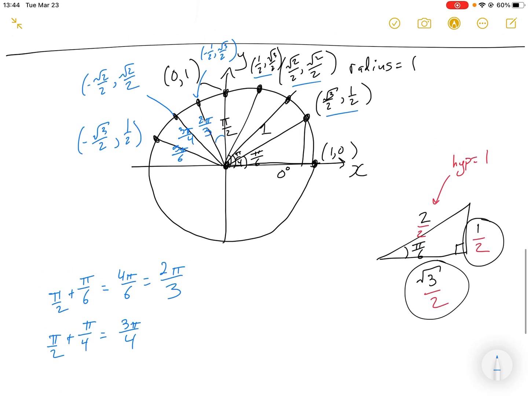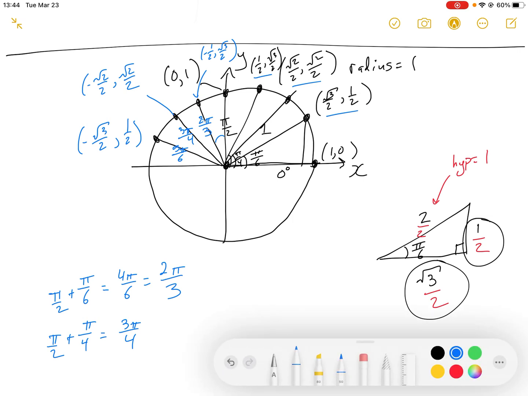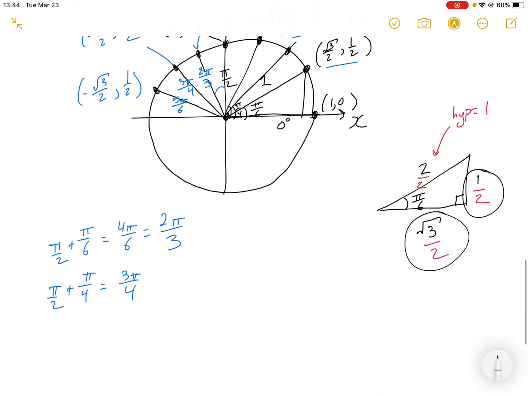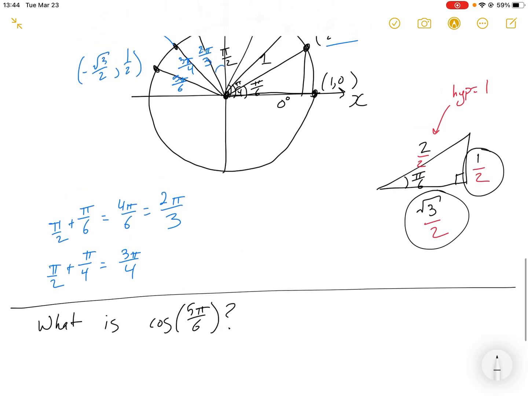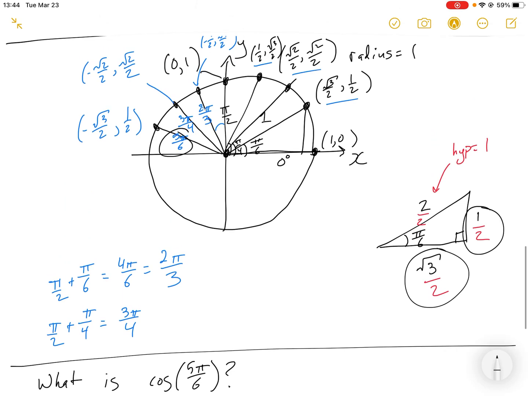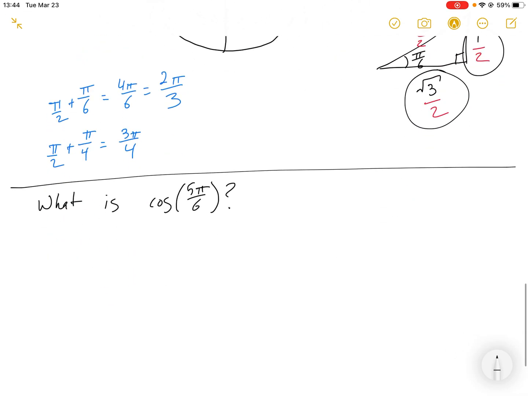Like I said, you can actually look in Canvas and get a copy of this, which we'll be using throughout this unit. But what you need to know is if I say something like, what is cosine of 5 pi over 6? All you have to do is take a look at this angle of 5 pi over 6.